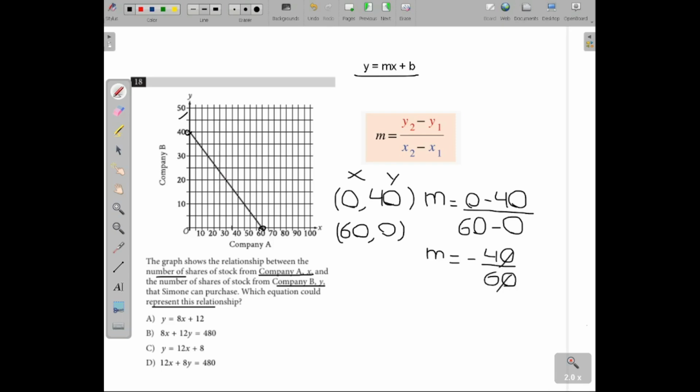We simplify the zeros. We can divide this. Half of 4 is 2, half of 6 is 3. So the slope is going to be equal to minus 2/3.